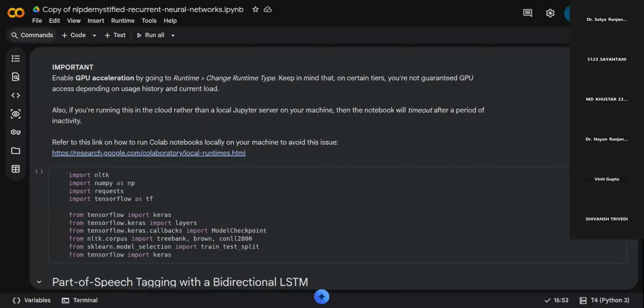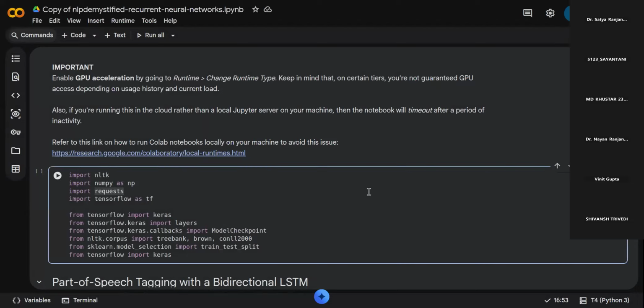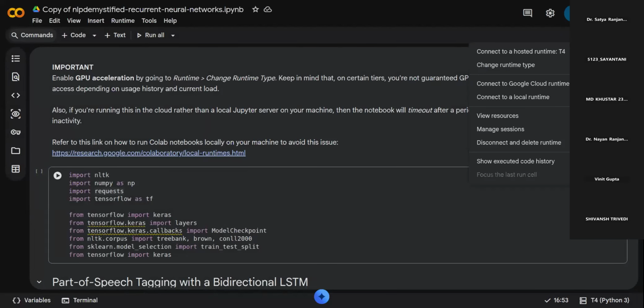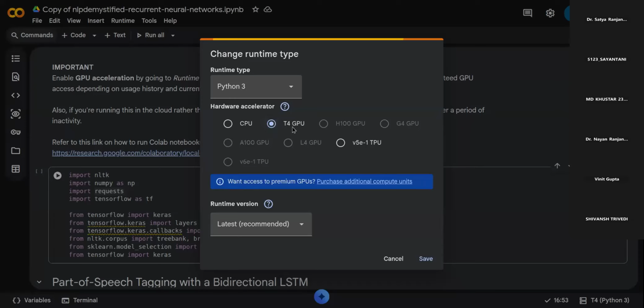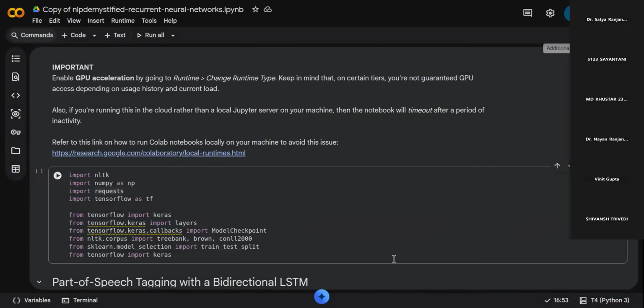Yes, sure. Okay. To run this notebook, you need to change the runtime. You just go here, click change runtime type. There is a free T4 GPU available for 1 or 2 hours. You can select it and save it. The runtime will be changed because high performance computing is required, so we need some kind of GPU. GPU is free for some time in this Colab, so we are going to use that.